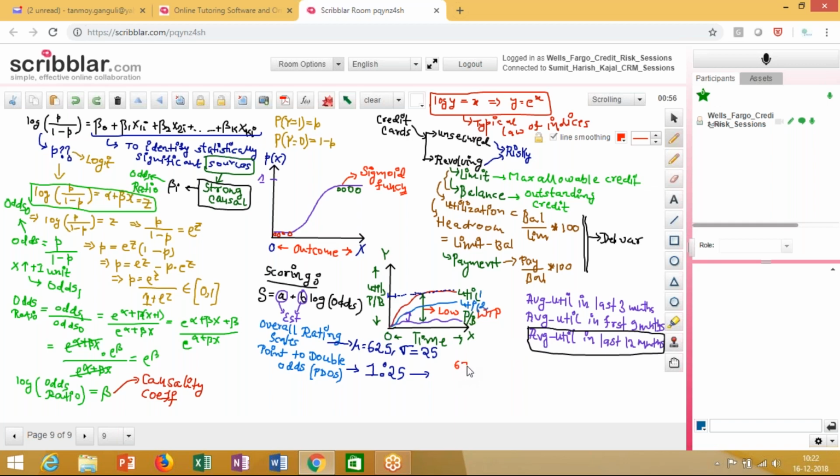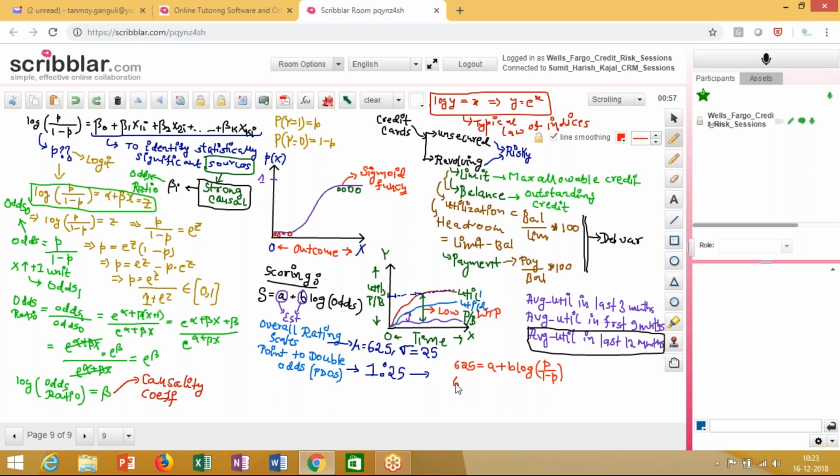So the first is the average score. So this is one equation.